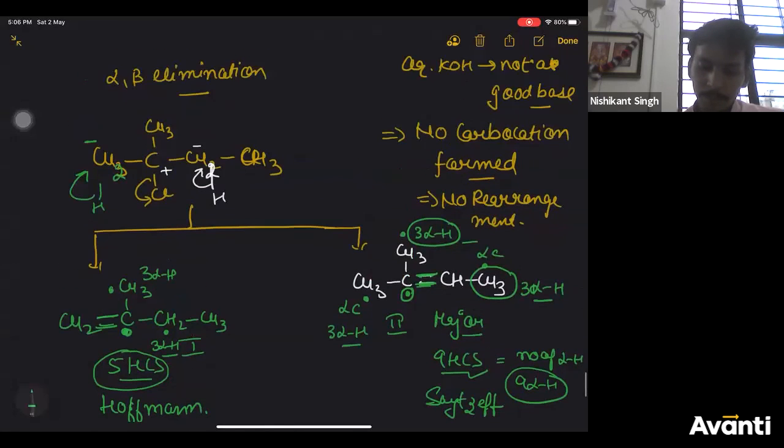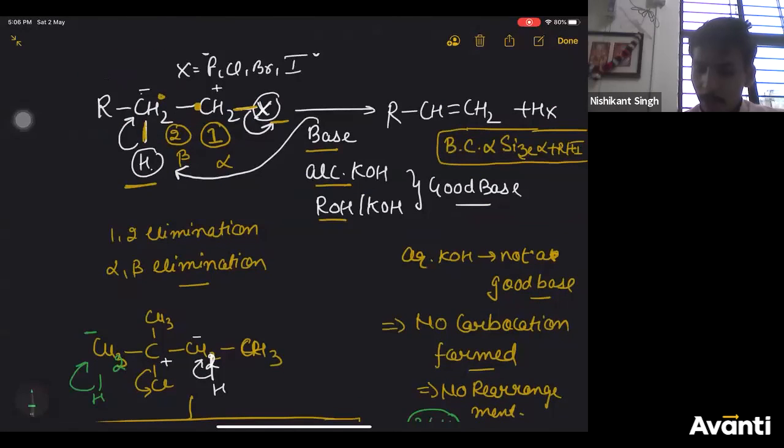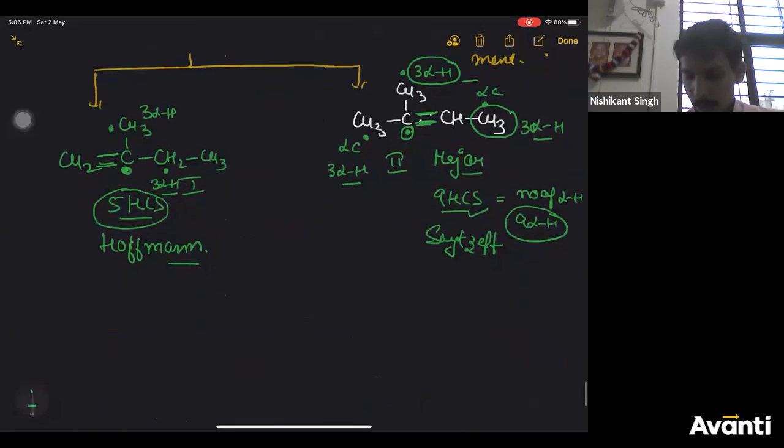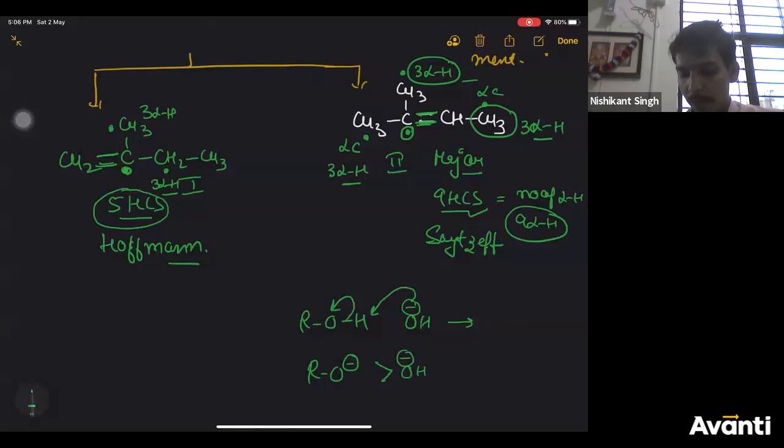So you can see here, alcohol plus KOH. Alcohols are acidic in nature. OH minus will be generated from KOH. OH minus is a kind of base. So OH minus will take H plus from the alcohol. It will give you RO minus. RO minus is a stronger base than OH minus because of the plus I effect of the alkyl group.